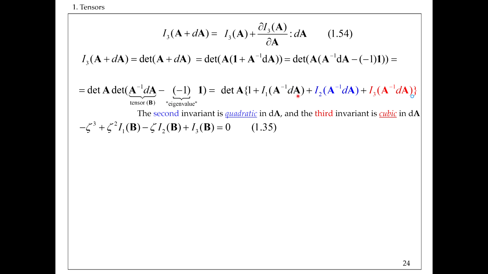But just to make it formal, these terms we must keep, otherwise there's no change. And then the higher order terms we just denote with the higher order sign O in dA. So whatever is quadratic and cubic is included in this term.